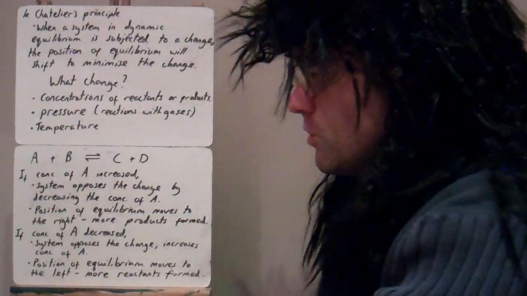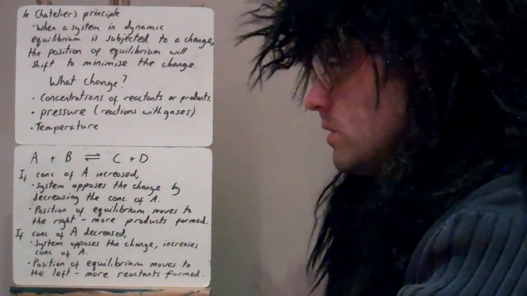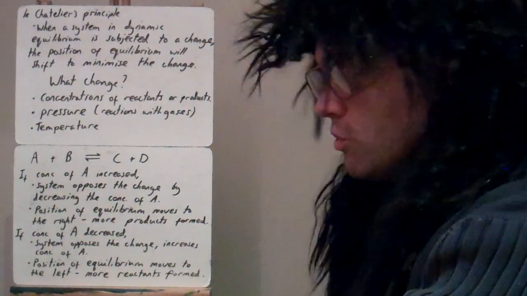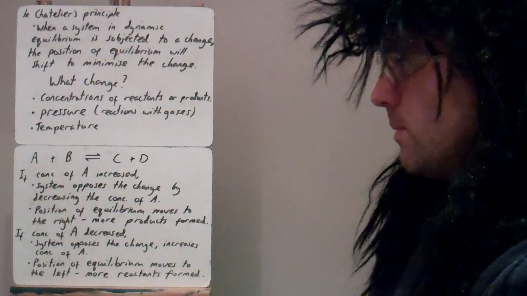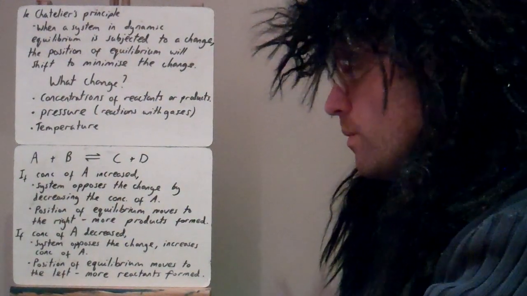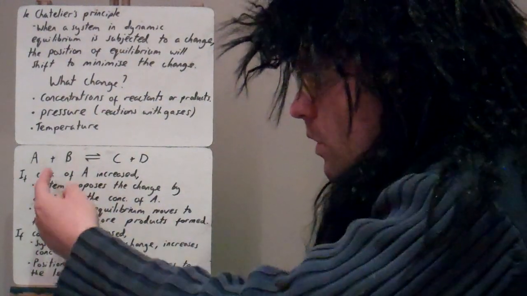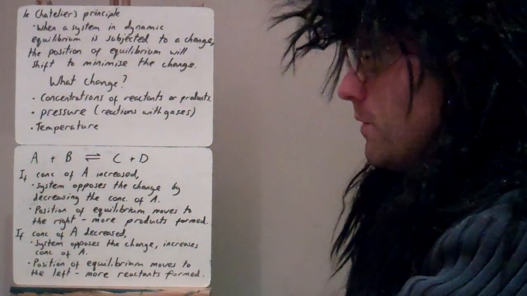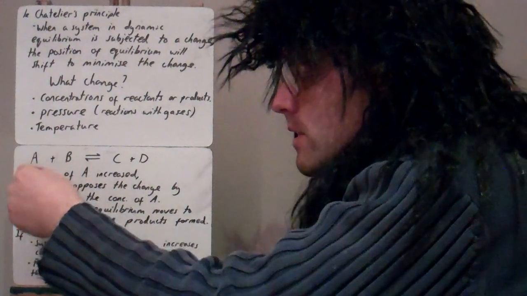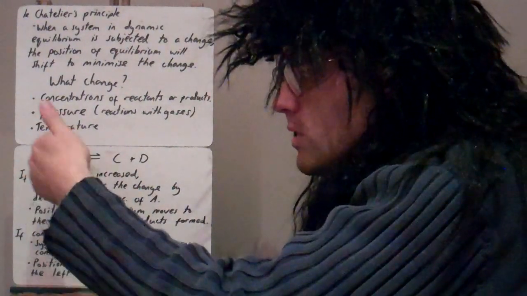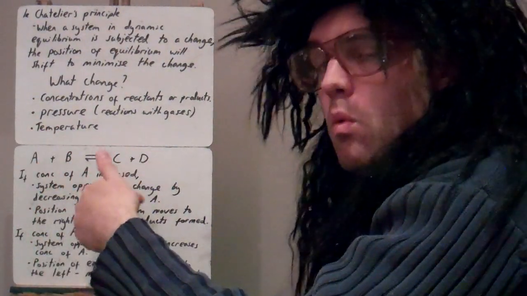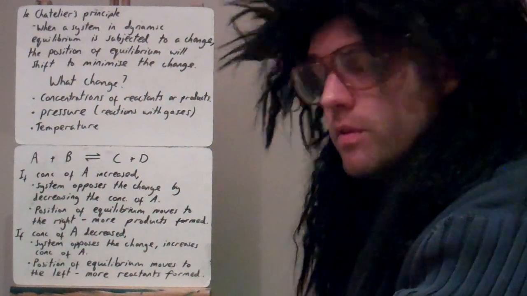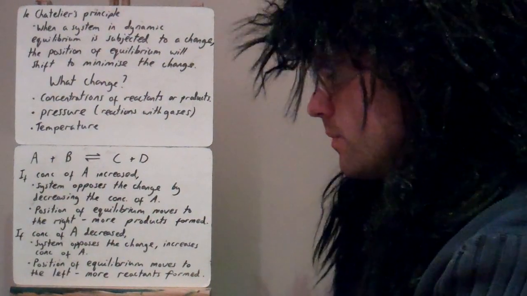If I increase the concentration of A, the system, it's in equilibrium, will oppose this by decreasing the concentration of A, and it will do this by moving the position of equilibrium to the right. So position of equilibrium will go this way, and that means we'll get more products formed. So the A that I've increased will be used up and form more products, regaining that equilibrium.